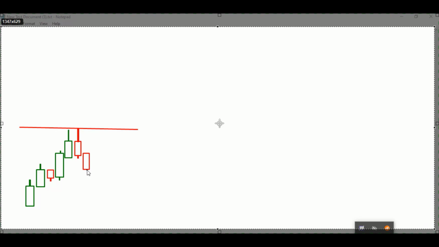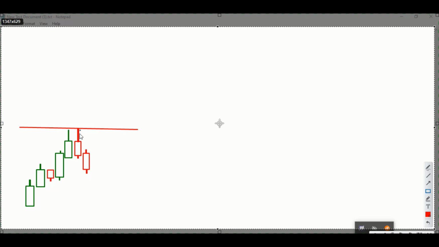So this is the concept of this type of tweezers top pattern. We find these two candles in different shapes, but we have to observe very carefully the two rejections.